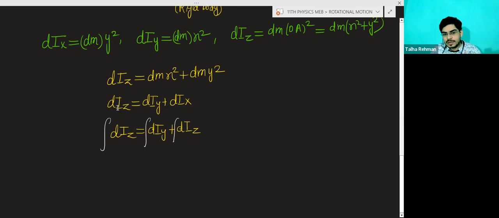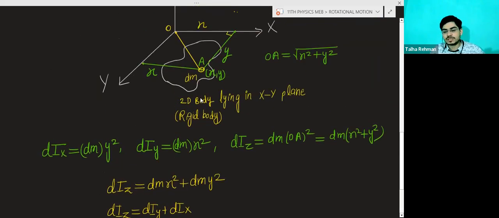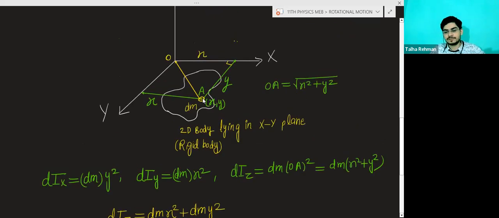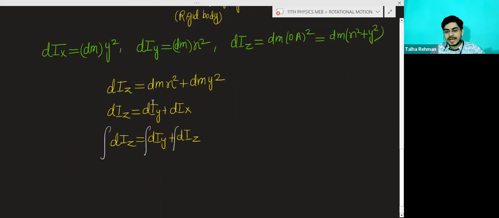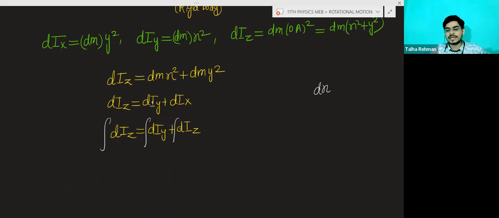d of iz means the small moment of inertia about the z-axis is equal to a small diy, the small moment of inertia of this mass, because this mass is a small mass. That is why I have written dx. dx means very small distance.